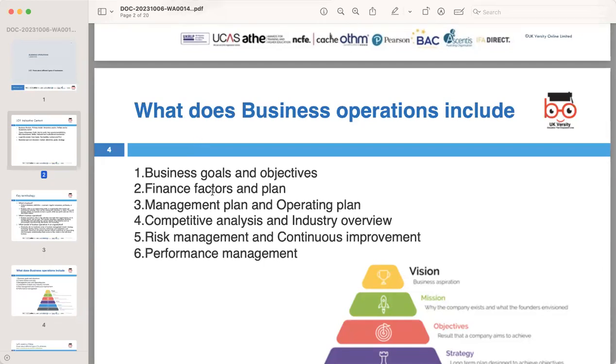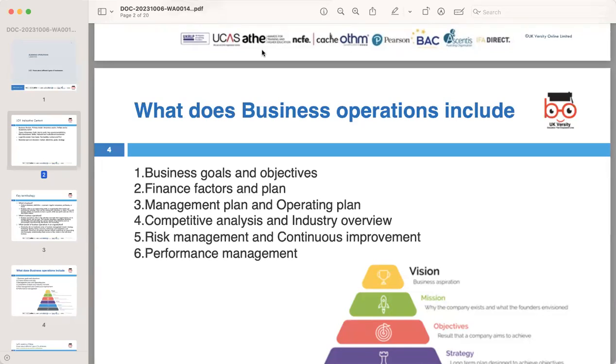Business goals and objectives: defining the purpose and desired outcomes of the business activities. Finance factors and plans: managing financial resources, budgeting and financial planning to support business operations. Management plan and operating plan: developing strategies and plans for effective management and day-to-day operations.